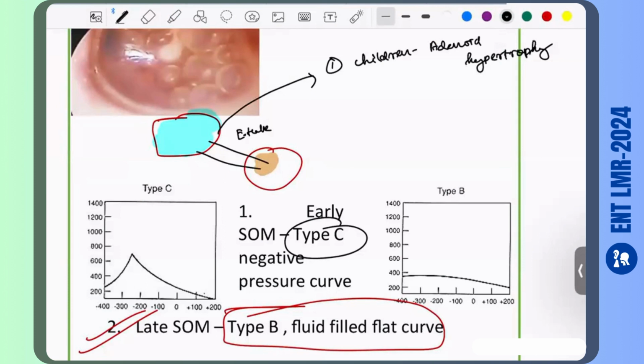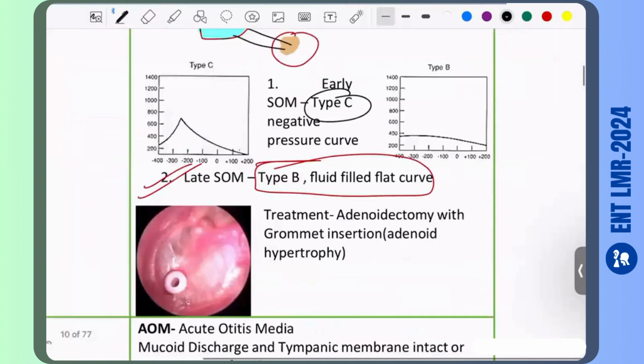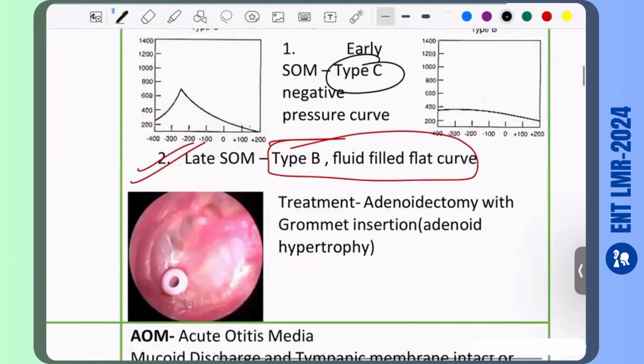In adults, it is carcinoma nasopharynx. The treatment of this is adenoidectomy with grommet insertion.